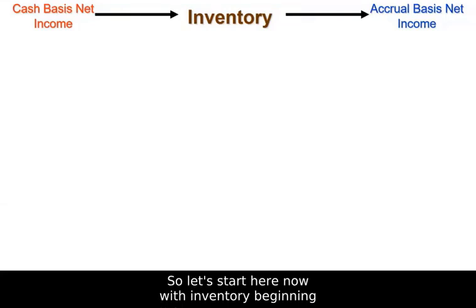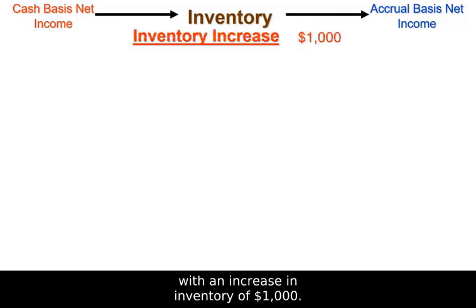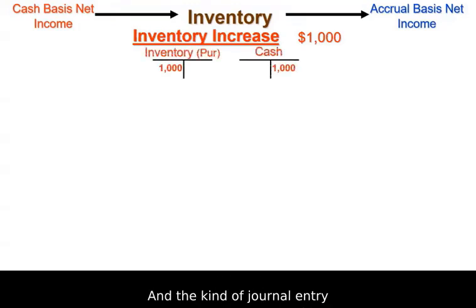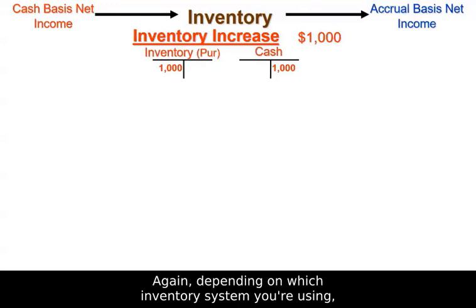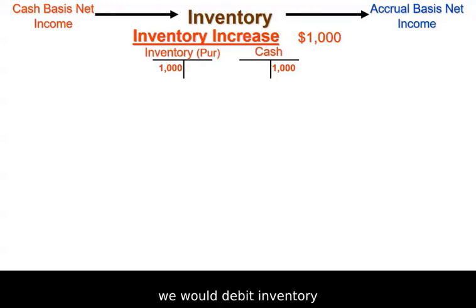So let's start here now with inventory, beginning with an increase in inventory of $1,000. And the kind of journal entry that would cause inventory to increase, again, depending on which inventory system you're using, we would debit inventory if we're using the perpetual inventory system, or we would debit purchases if we were using the periodic inventory system.